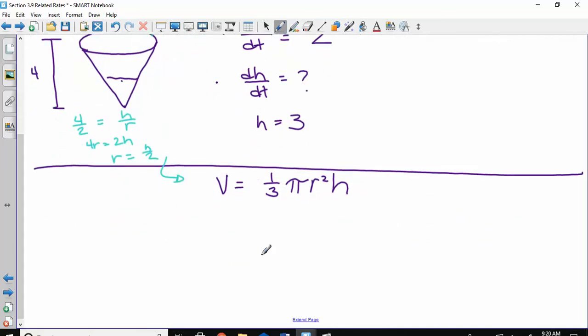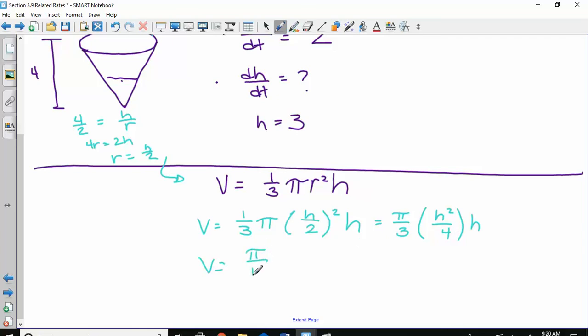Okay. I'm going to take that and plug it into this equation before I do the derivative. Because even though the radius and the height are changing, we can assume that that ratio is always the same. The radius is always going to be half the height. So if we simplify, 1/3 pi, I'm just going to write that as pi divided by 3. If I square this, we get h squared over 4 times h.